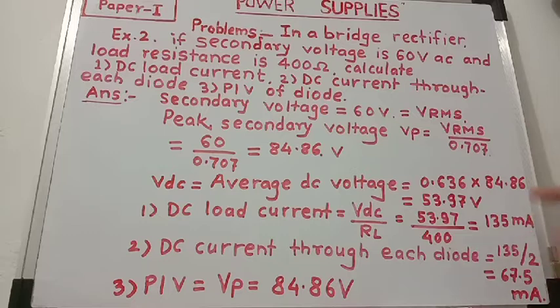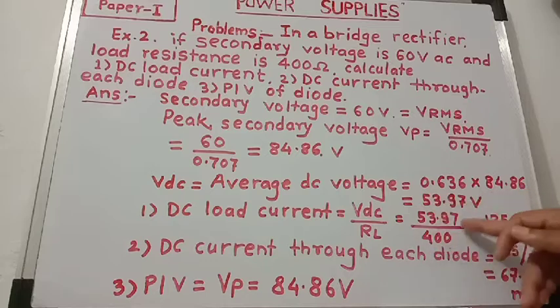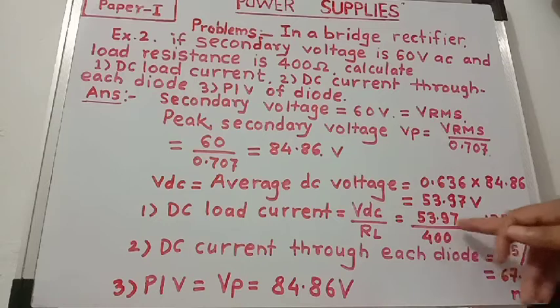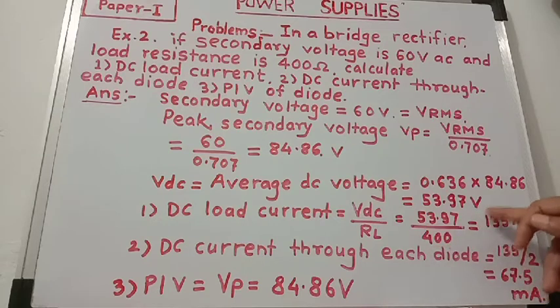Now we can convert it into milliampere by multiplying by 1000. 53.97 divided by 400 into 1000 comes to 135 milliampere. So the DC load current is 135 milliampere.